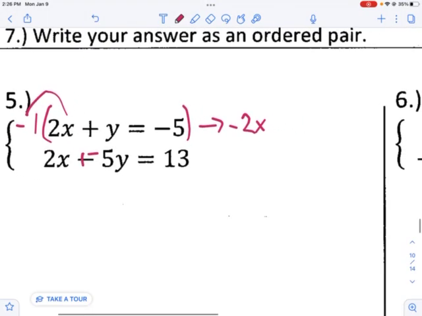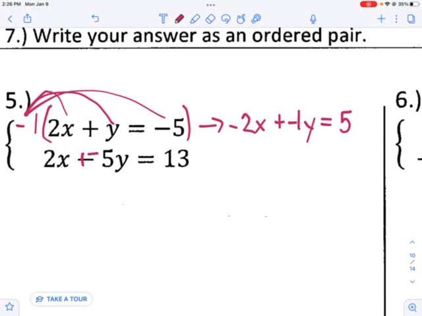Negative 2x. So negative 1 times y is negative 1y. Negative 1 times negative 5 is positive 5. Make sure when you multiply an equation, you multiply every term by that number. I don't have to touch the second equation at all, so I'm just going to copy it over. 2x plus negative 5y equals 13.